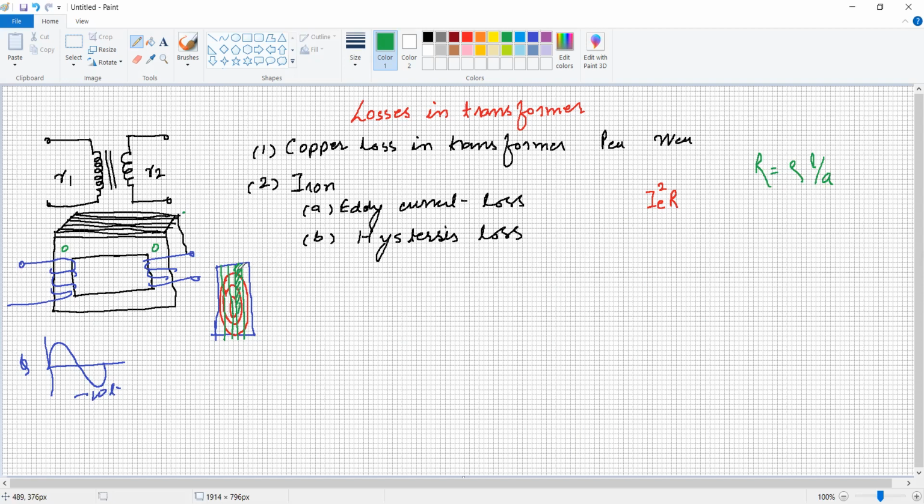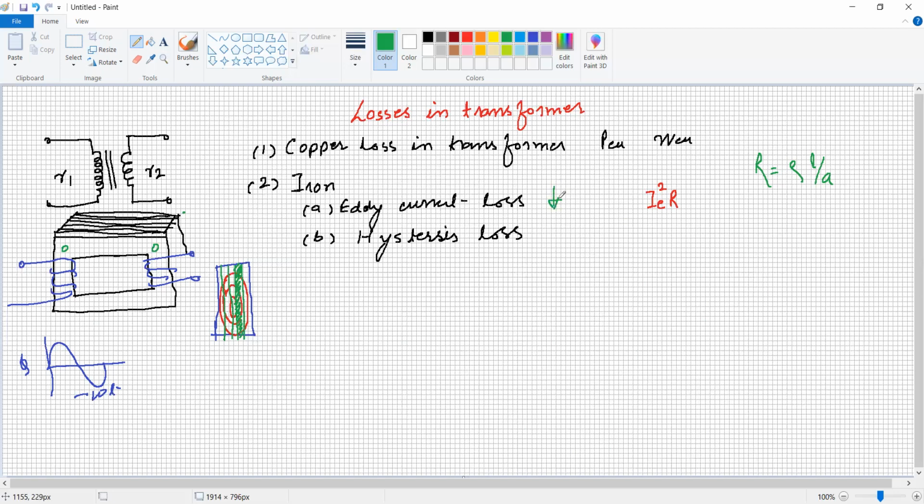So a varnish layer comes between two thin plates of magnetic material, insulating them from each other. By using the laminated core, the eddy current loss decreases.